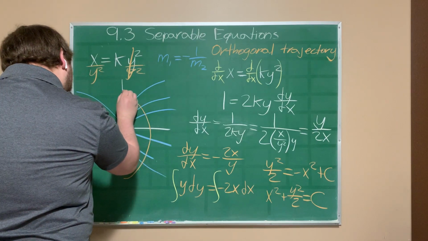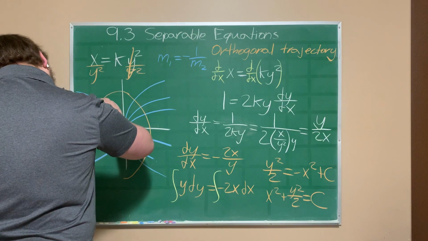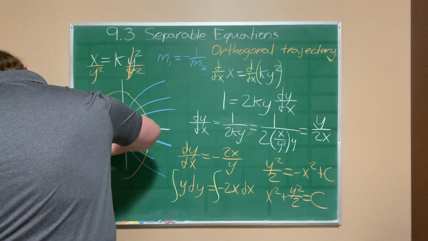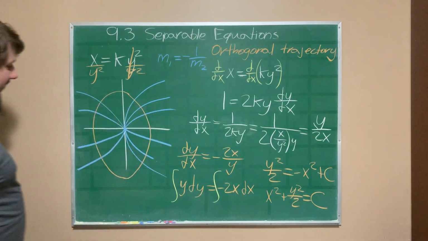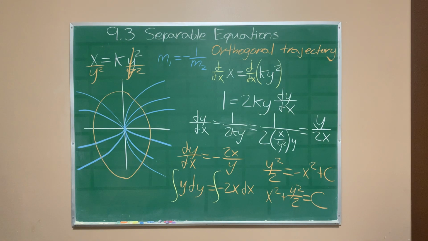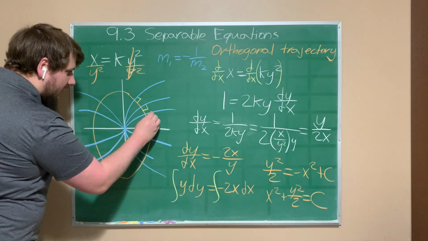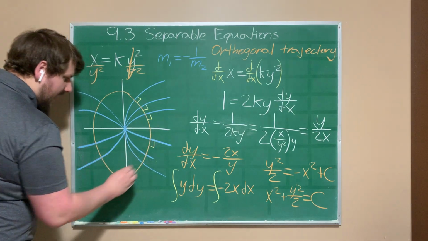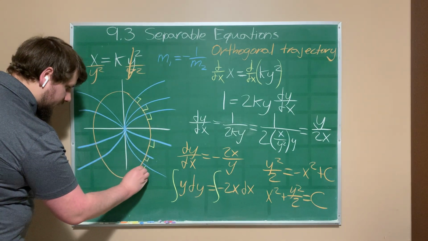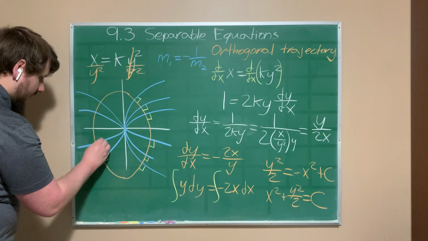Let's try to get this approximately correct here. Something like that. This is an orthogonal trajectory. Every time it intersects one of these blue curves, it does so at a right angle. All the way around.